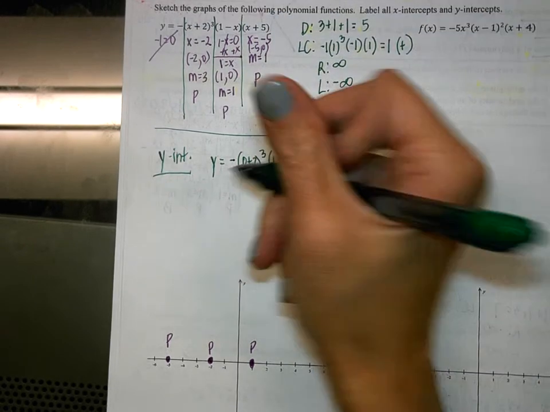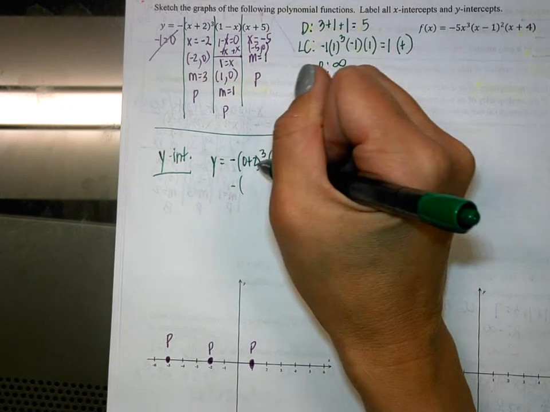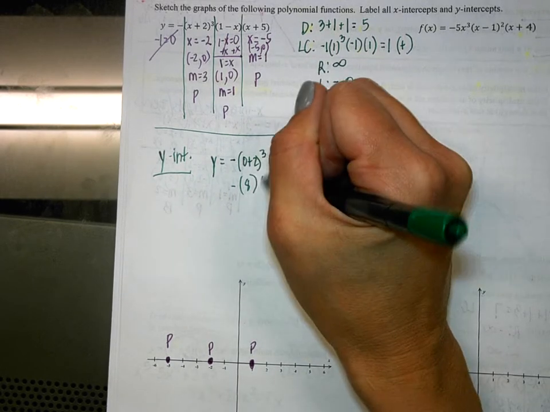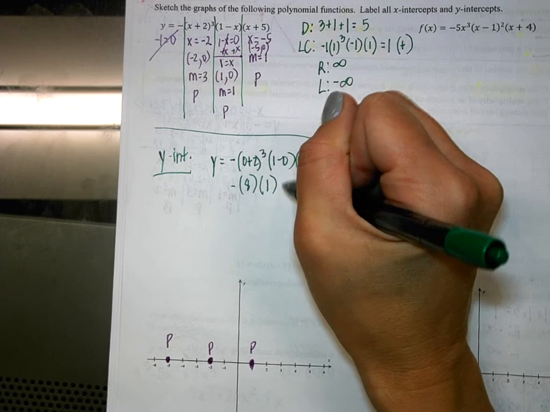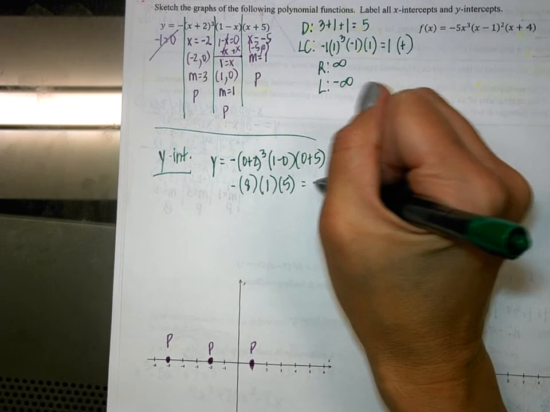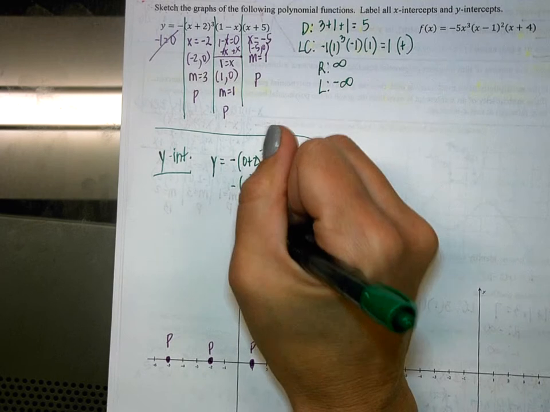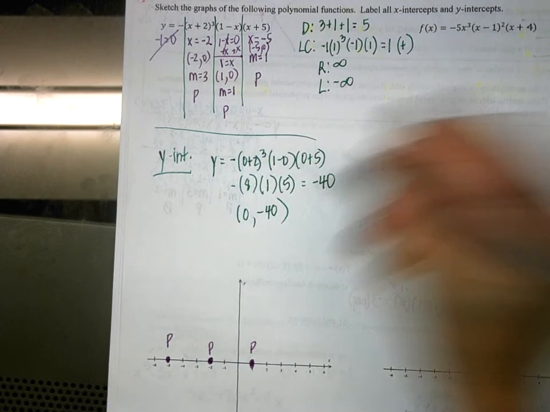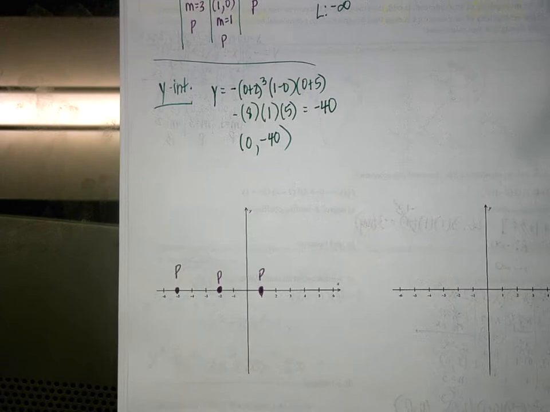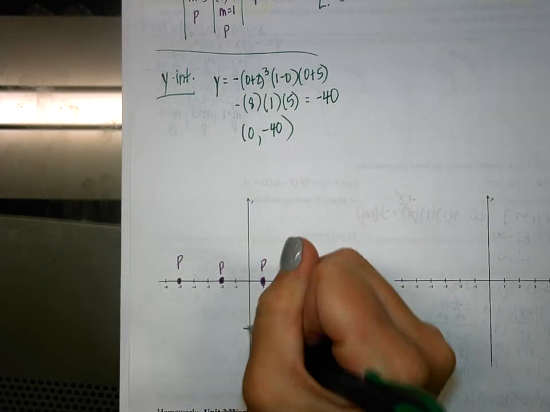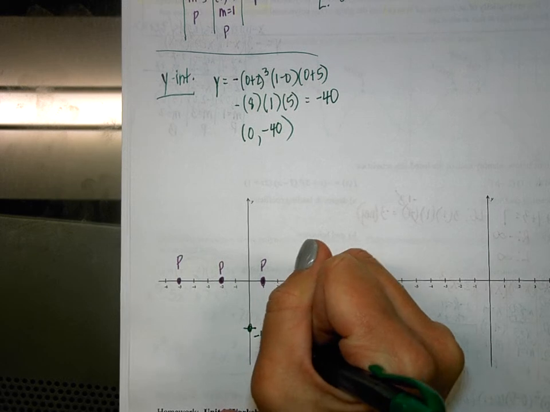I end up with negative 0 plus 2 is 2. 2 cubed is 8. 1 minus 0 is 1. 0 plus 5 is 5. I multiply all that together and I get negative 40. So my y-intercept is at 0, negative 40. The nice thing about these graphs is that there's no markings on the y, so you just have to mark it, put a point, and say that is negative 40.